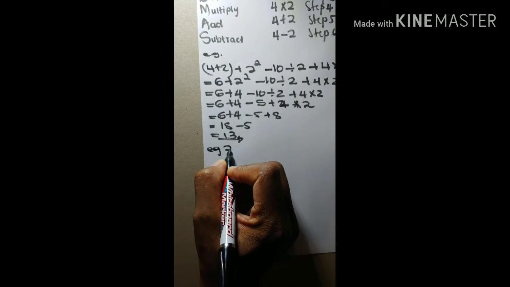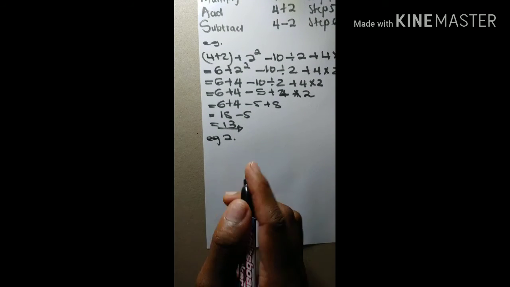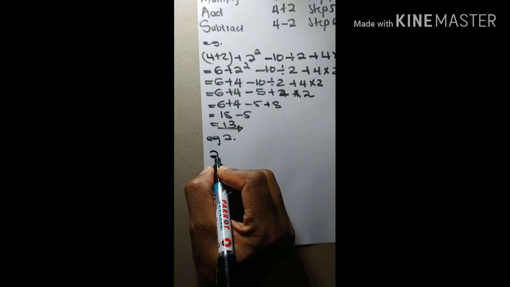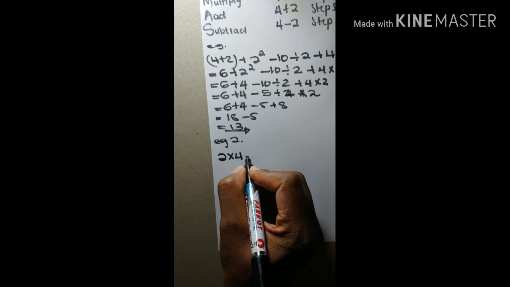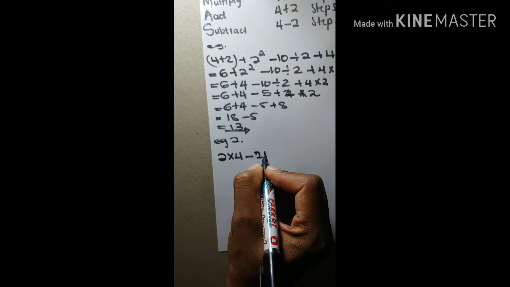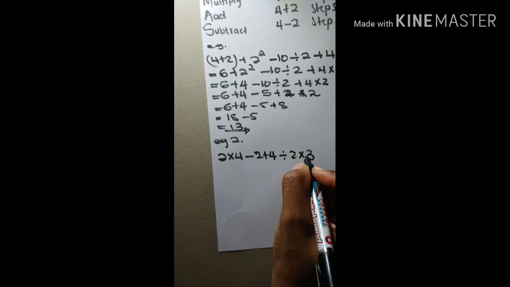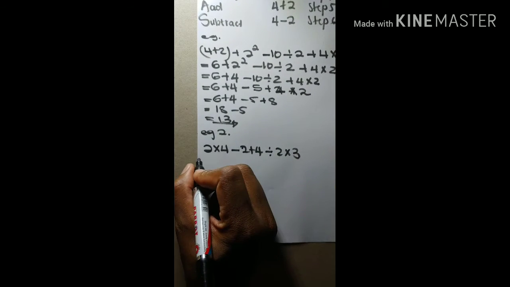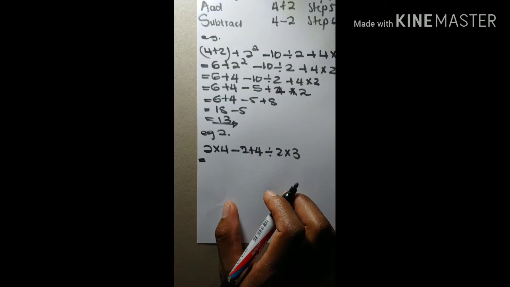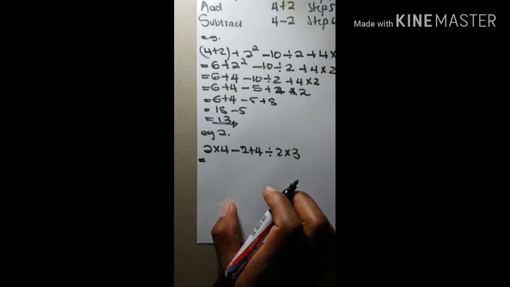Example number 2, we are required to simplify 2 times 4 minus 2 plus 4 divided by 2 times 3. So when you look at this, compared to our BODMAS rule, we do not have anything that is in brackets.